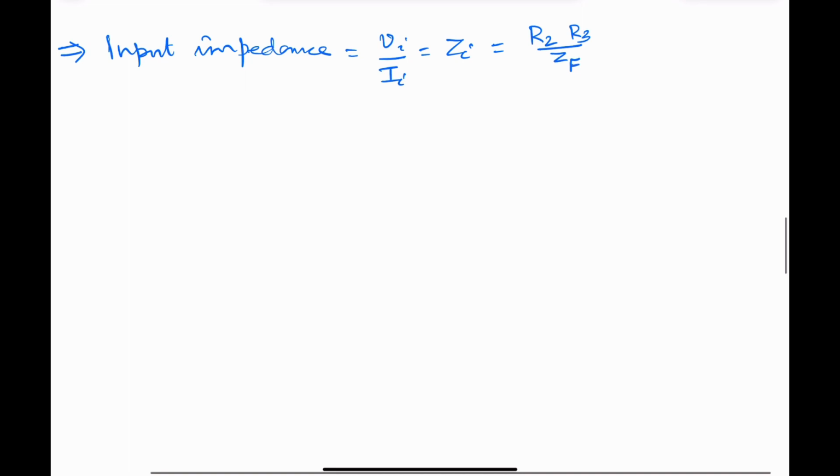If I take ZF as a capacitor, then what will happen?